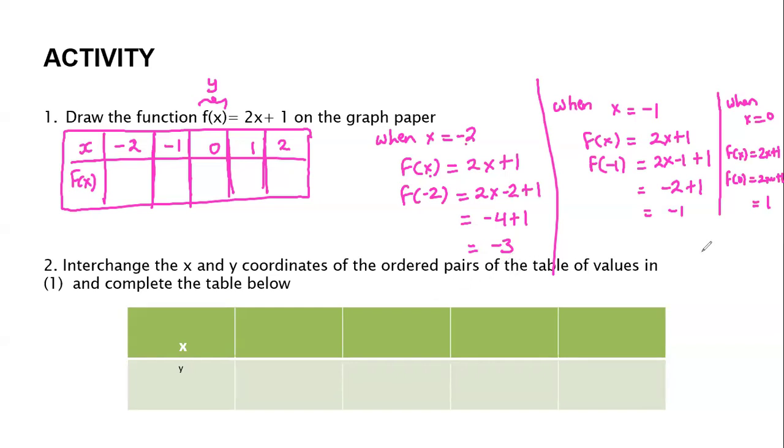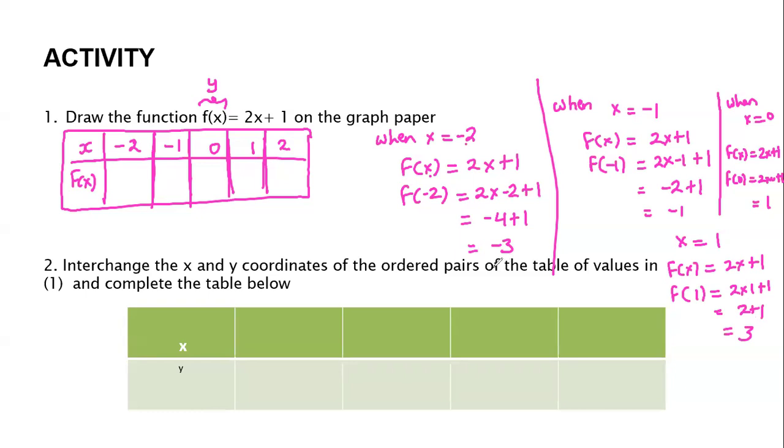Aria? If x is 1, then f of x will be equal to 2x plus 1. Then f of 1 will be equal to 2 times 1 plus 1. The answer will be 3. Okay, thank you.